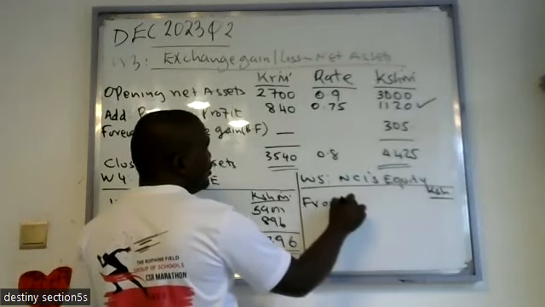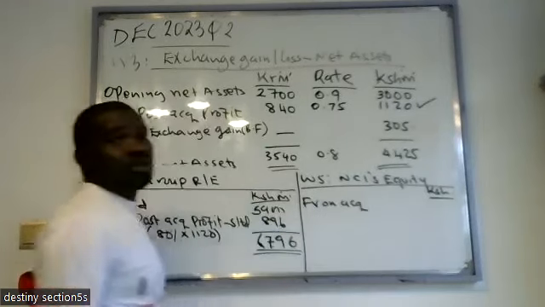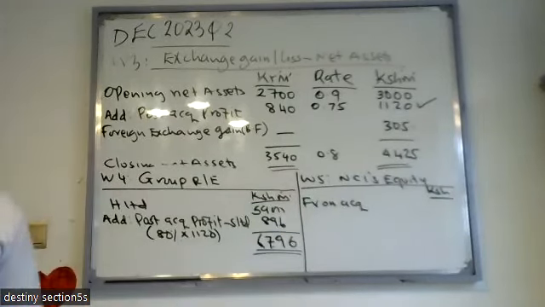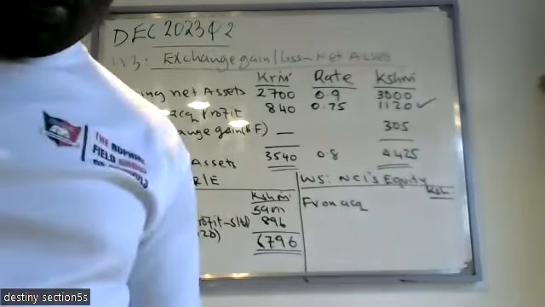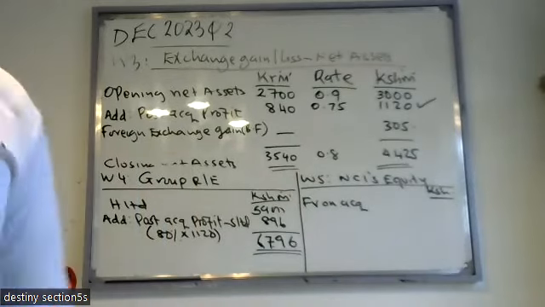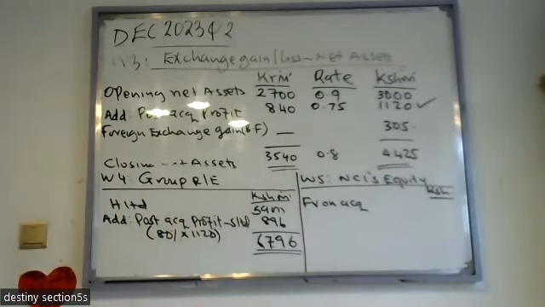Fair value on acquisition. So check the fair value of minority on acquisition. How much was it? Let me just engage the class. How much was the fair value of NCI on the date of acquisition? Somebody can spot that? Haraka.